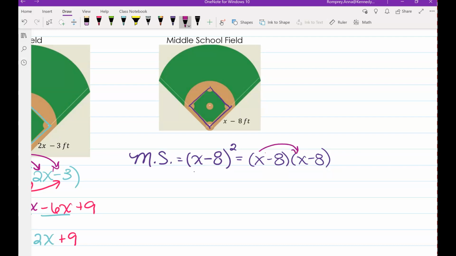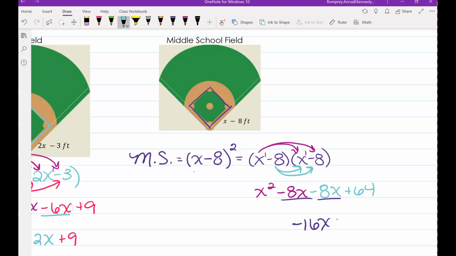All right, so x times x, again, put in my invisible ones, x squared, x times negative 8, negative 8x, negative 8 times x, negative 8x, negative 8 times negative 8, positive 64. So combine our like terms. So we have negative 16x, and just bring down your positive 64 and your x squared. So we've got our middle school area.